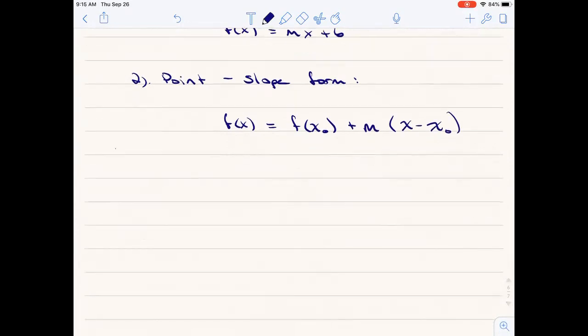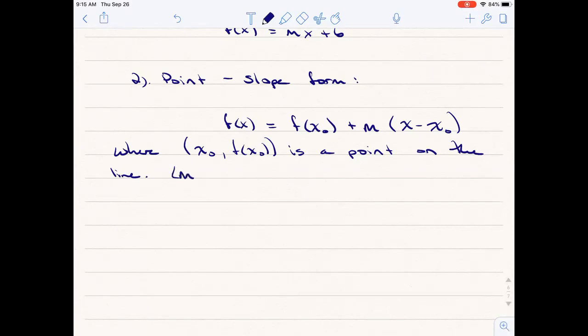Where the point x naught, f of x naught, is a point on the line. And then I'll put in brackets, m is the slope.